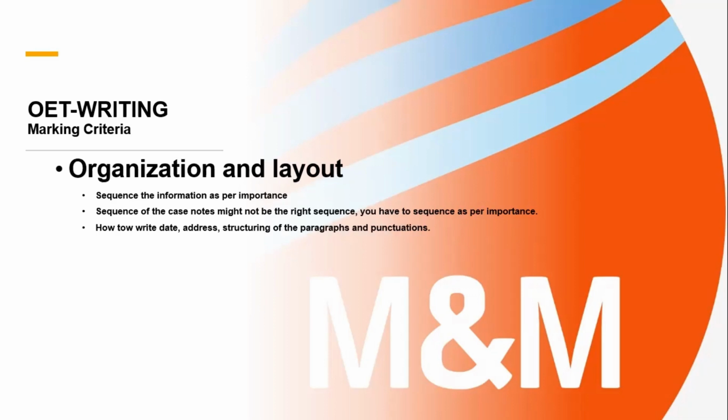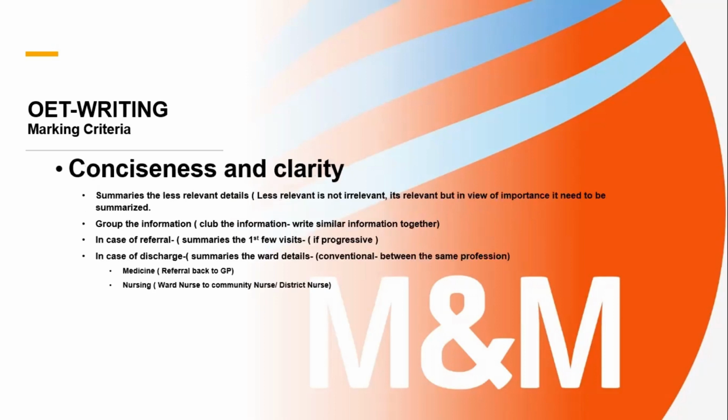So the event structure in the paragraph also depends upon the importance of the information, followed by how to write the date, address, and then the paragraph. These all should be written in detail, right? So this is basically your organization and layout.